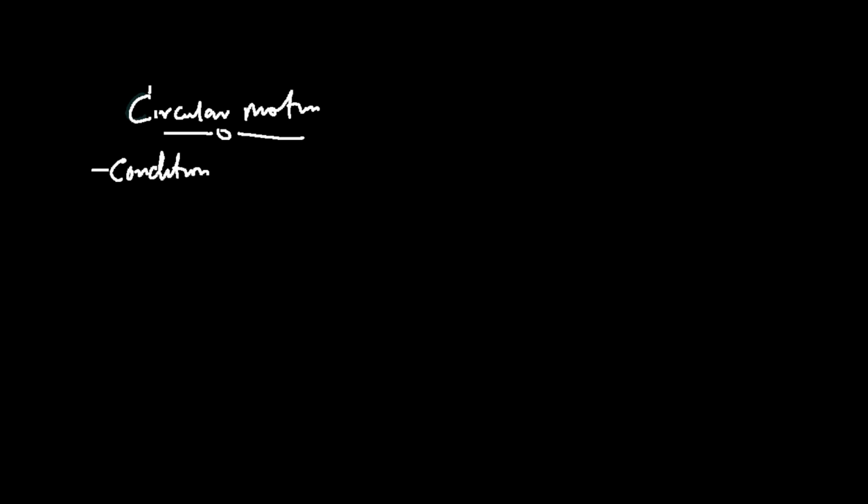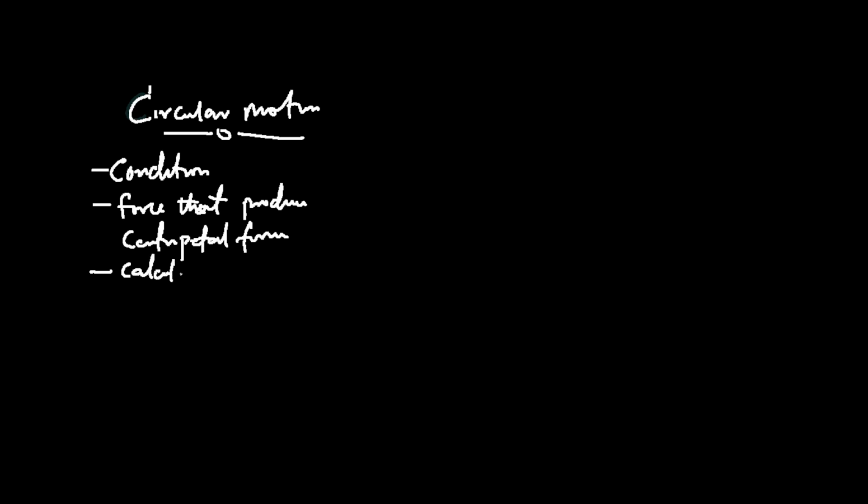So, number one thing under circular motion is that you must understand the condition that will result in circular motion. Number two is that you must know the force that produces centripetal force. Number three that you need to know is calculation on it.